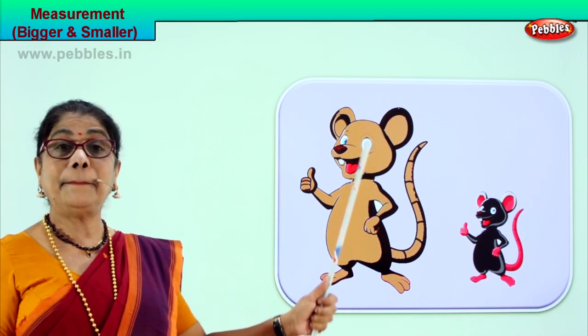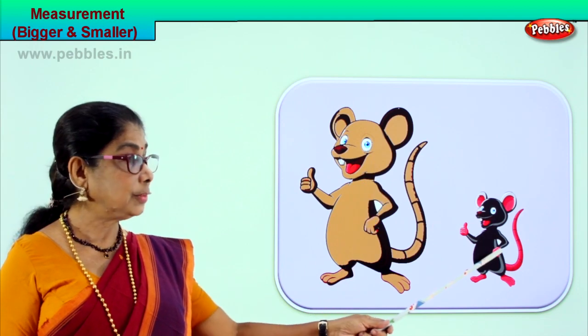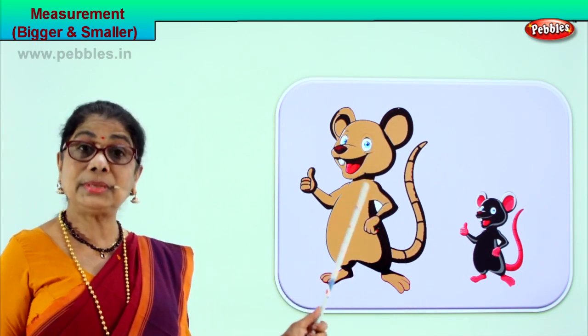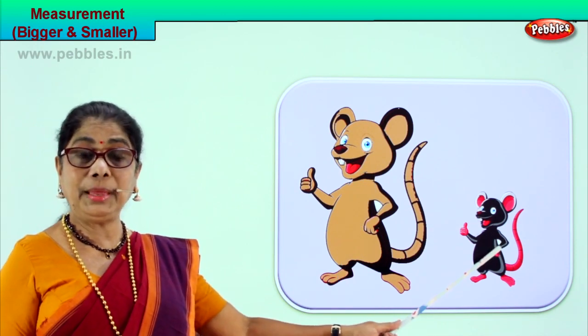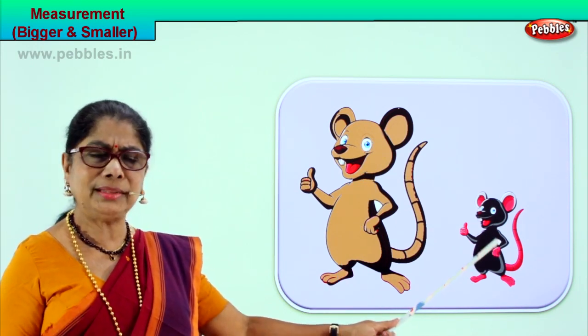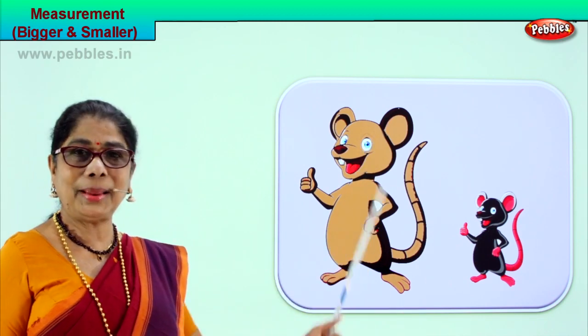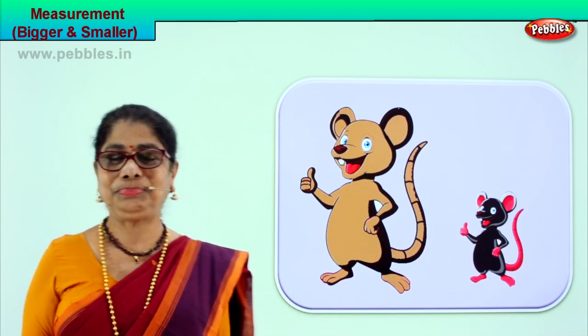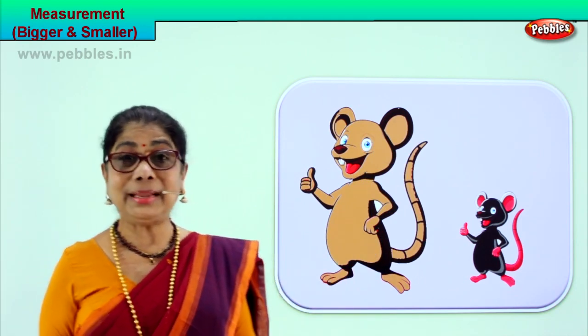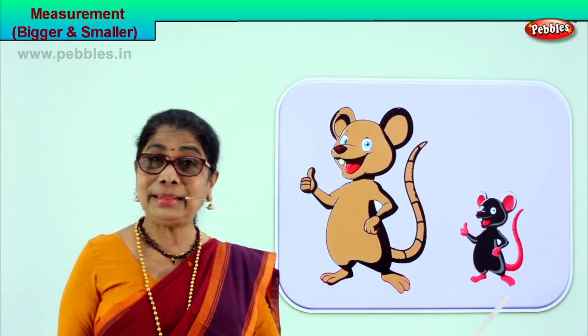This mouse is bigger. This is smaller. This mouse is bigger than this mouse, and the baby mouse is smaller than the mama mouse. Bigger, smaller, or smaller, bigger. Are you learning the measurements? Bigger, smaller, learning to compare the same item?